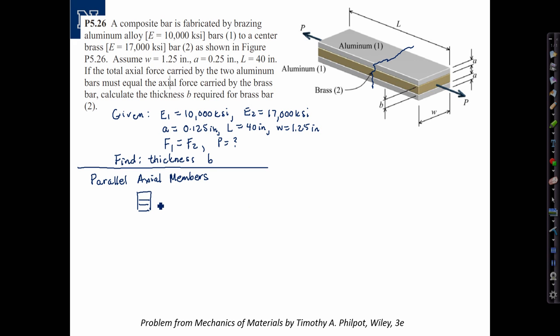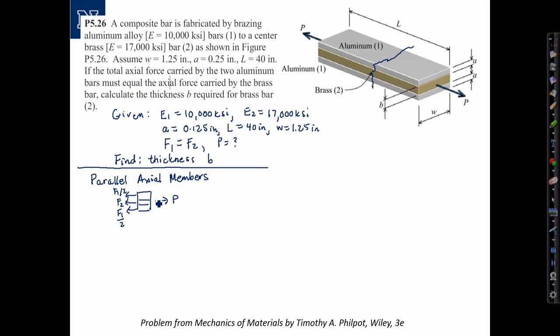I have the layers. I have a force P acting on one end. I have the brass member in the middle with a force F2. I have the aluminum members on the end, and they have the same thickness and there's symmetry, so each of those is going to carry a force F1 over 2.